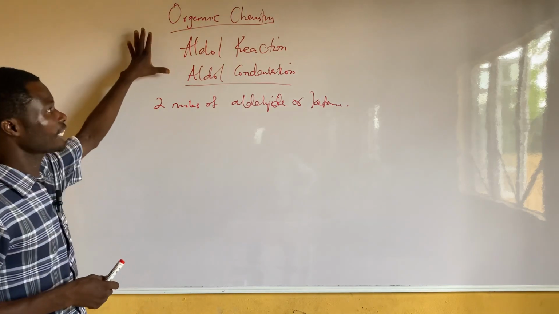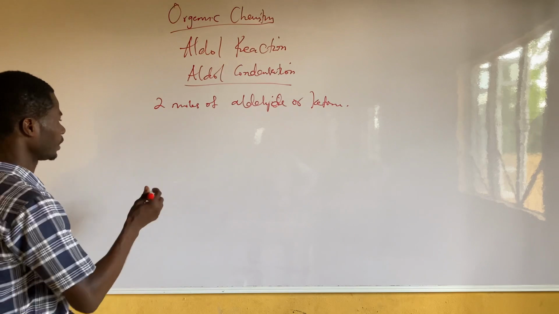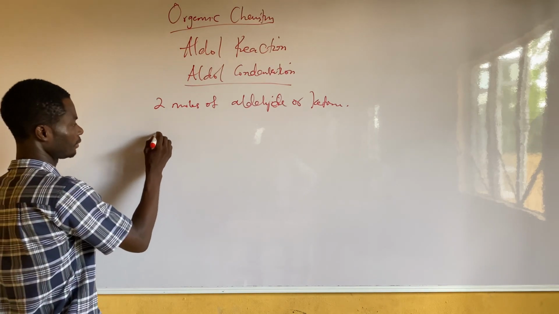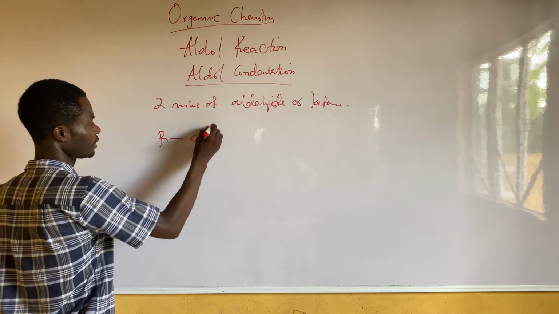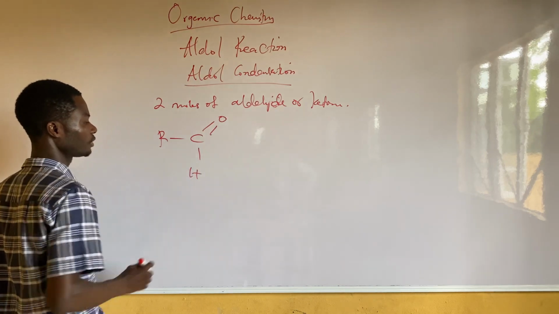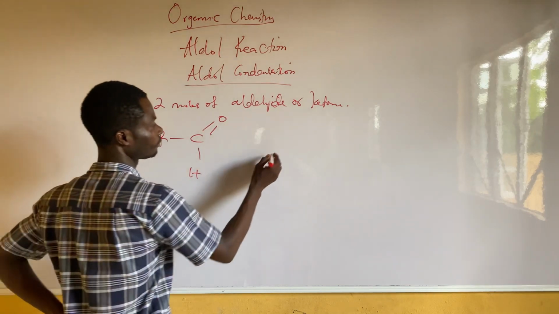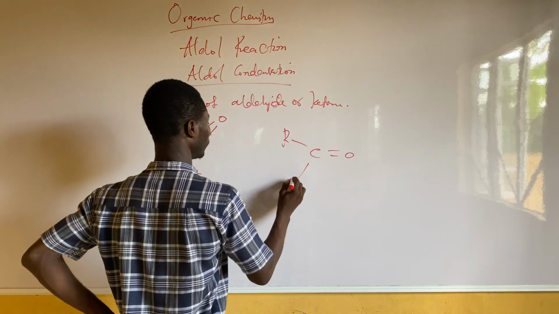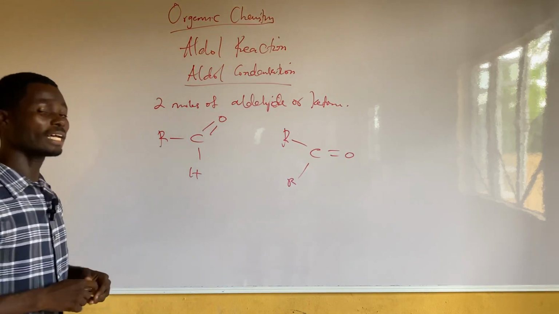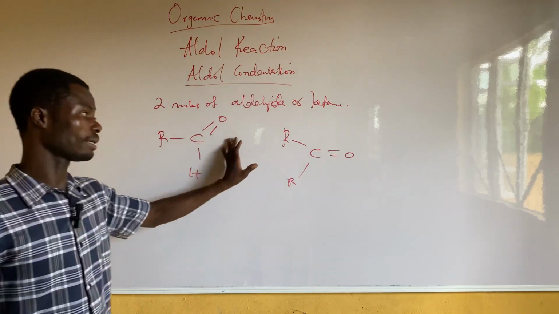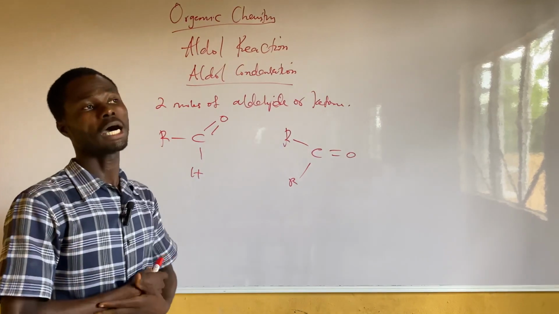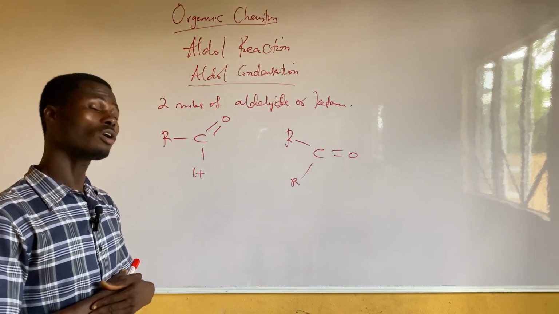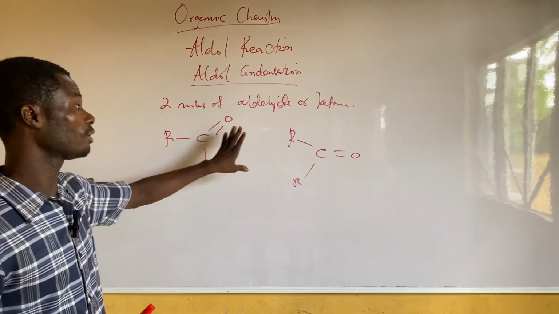Essentially, this chemistry has to do with, let's begin by this. You recall that when we have this RC double bond OH, this is an aldehyde, then R, C double bond R. You understand? So basically what is common to both of them is this carbonyl functional group. And of course, as you are aware, this is not the only carbonyl compounds that we have.